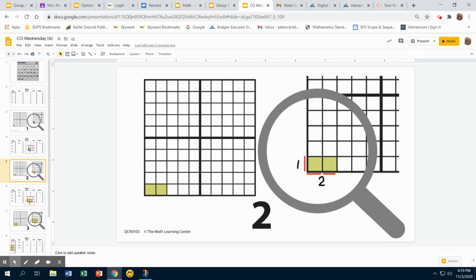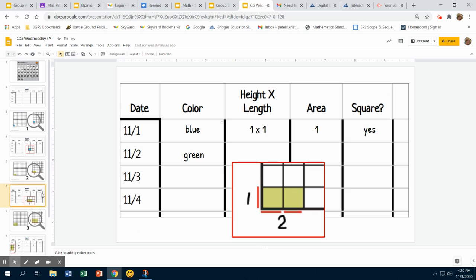Monday was November 2nd. I want you to think, what is the height? That's the up and down number, how many units? What is the length? That's the across part. What's the area, or how many square units does it take to make that green figure? And is it a square? Let's do some recording.